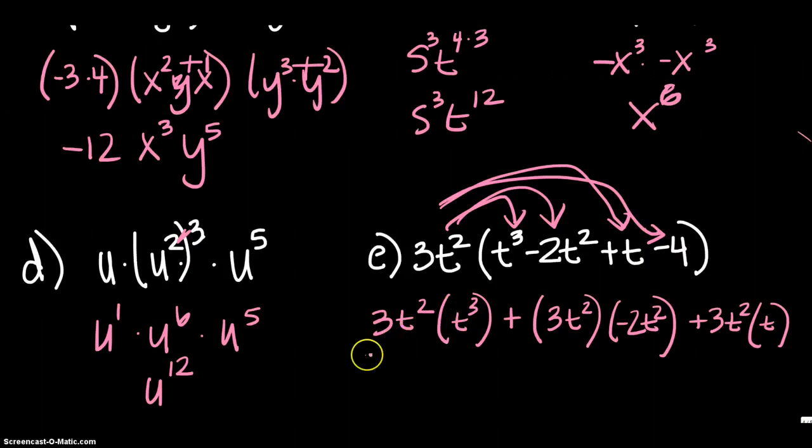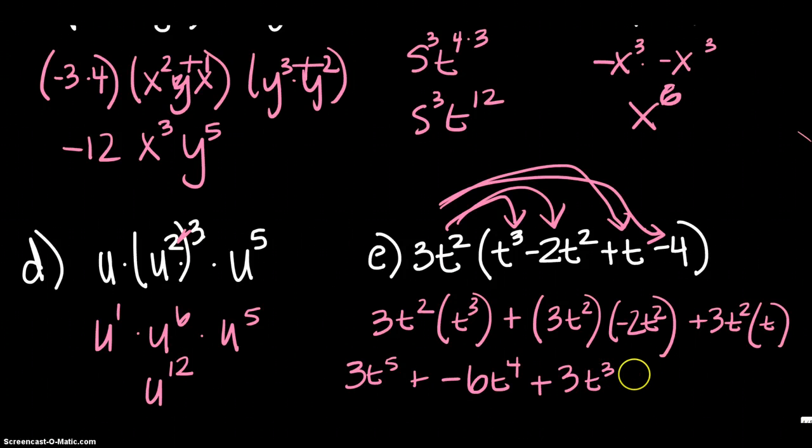All right, so these two, add the exponents, 3t to the 5th plus 3 times negative 2, negative 6t, these are next to each other, to the 4th, right? And then plus 3t cubed.